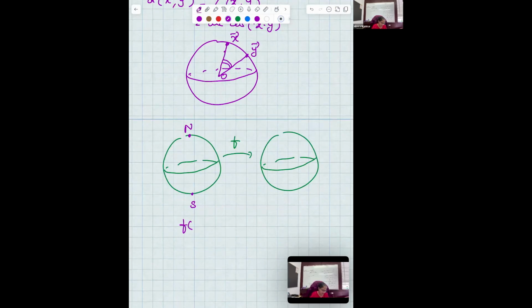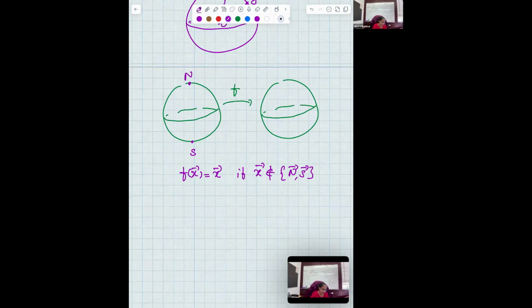So f of x is equal to x if x is neither north pole nor the south pole, and then it interchanges.